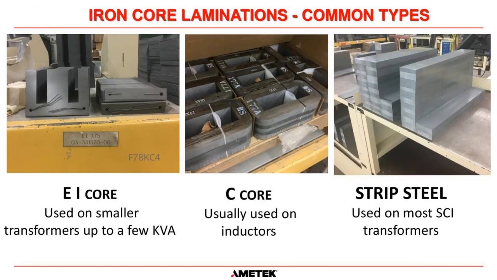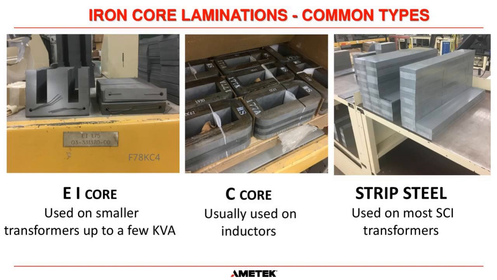Here are the cores, or different core type material often used. On the left, we've got what we call an EI core. This is typical of smaller transformers, maybe up to a few kVA. In the middle is what we call a C core, and it's been cut in half, and the coil then fits over that.